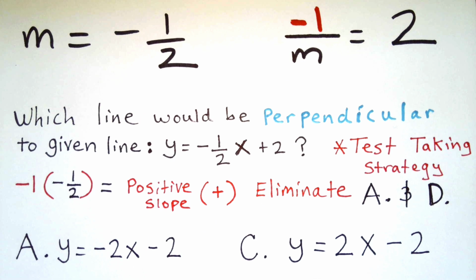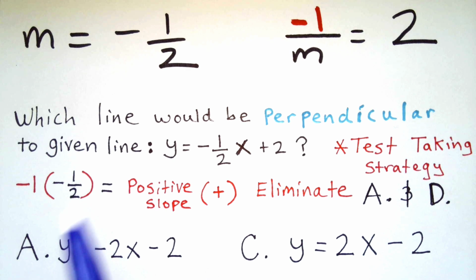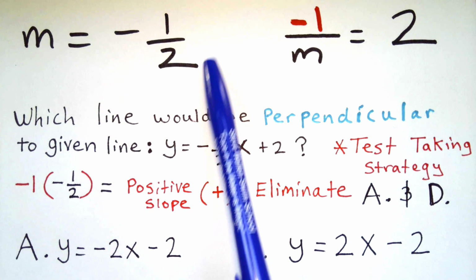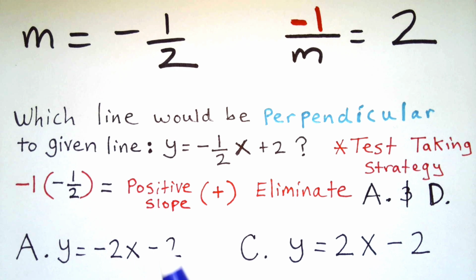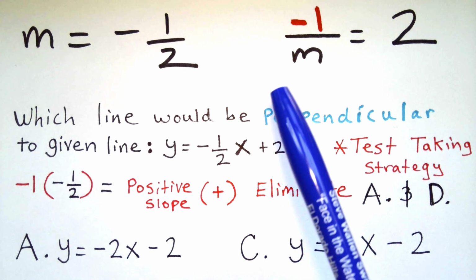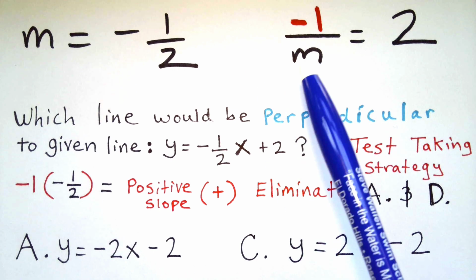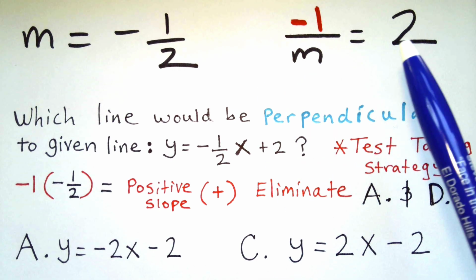So if we were given a slope in a linear equation of a negative 1/2, and we were asked to find the linear equation A, B, C, or D that is perpendicular to that linear equation, we're looking for the negative reciprocal. And we know now that the negative reciprocal is a positive 2.